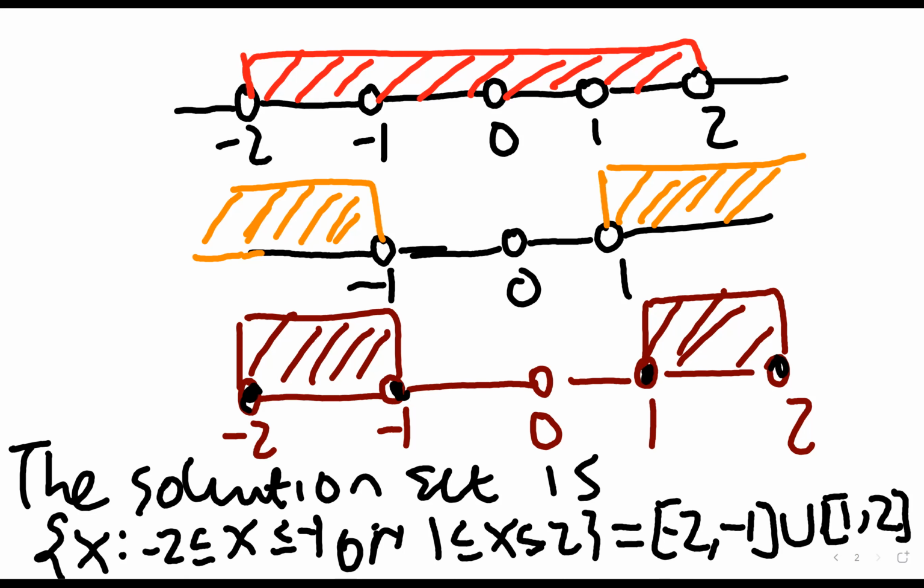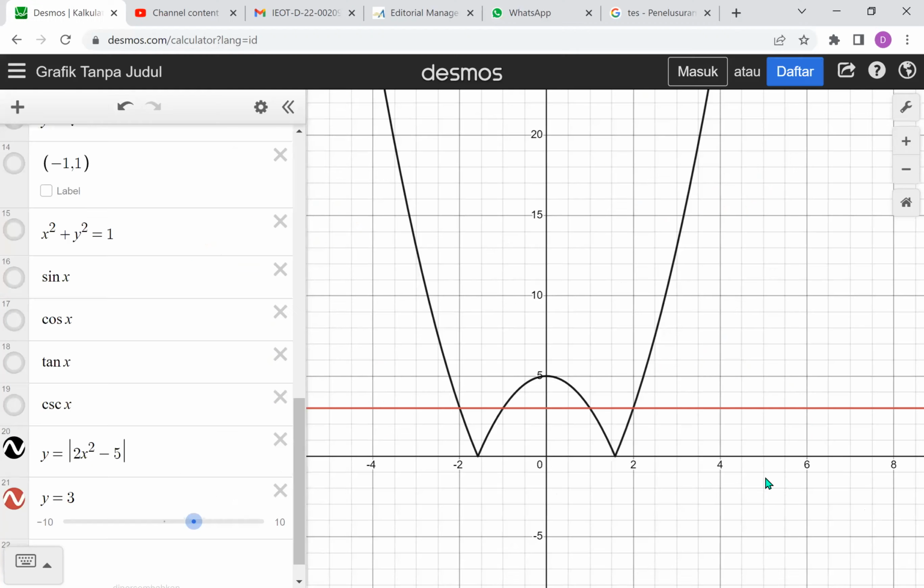Okay, this one. This is the picture. You see that the black curve is the graph of the function absolute value of 2x squared minus 5, and the red line is the line y equals 3.